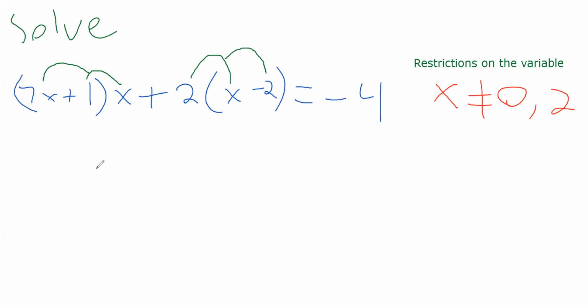So over here, I distribute this x, I'm going to have that. Over here, I distribute this 2, I'm going to have that. Distribute the 2. And then I'm going to have equals negative 4 over here.